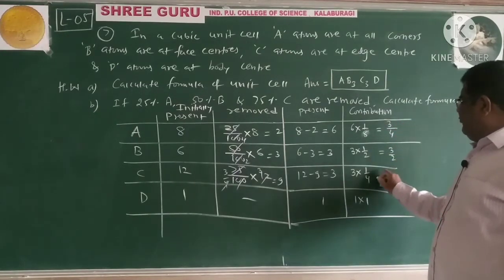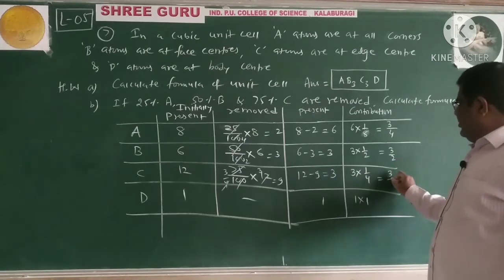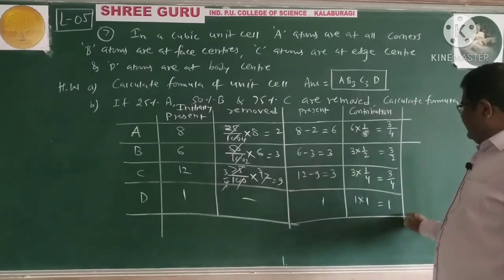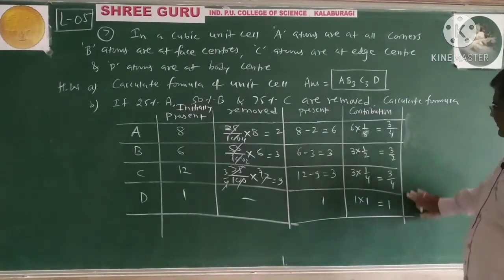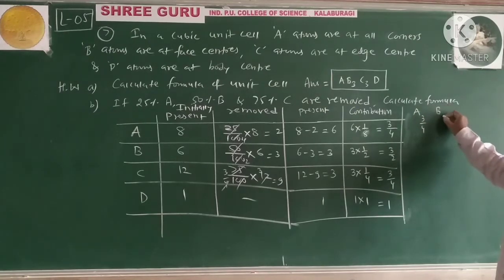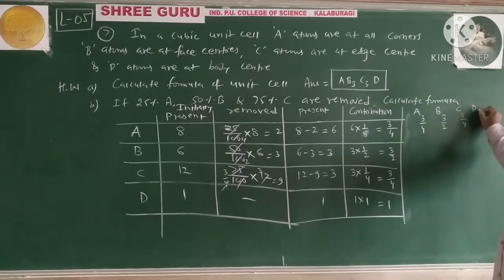This is 3 by 4, this is 3 by 2, and this is 1. Right, these numbers we are getting here. So A is 3 by 4, B is 3 by 2, C is 3 by 4 and D is 1.